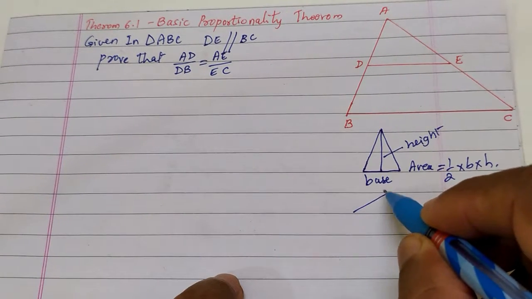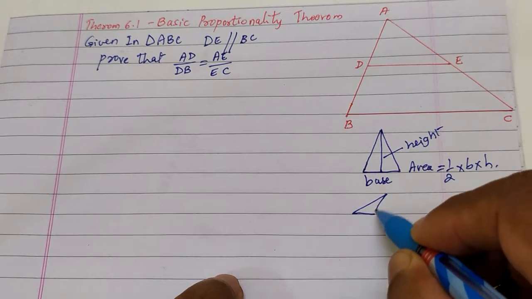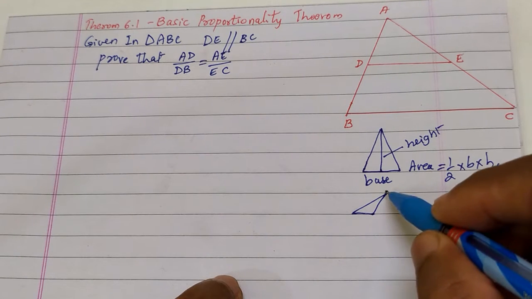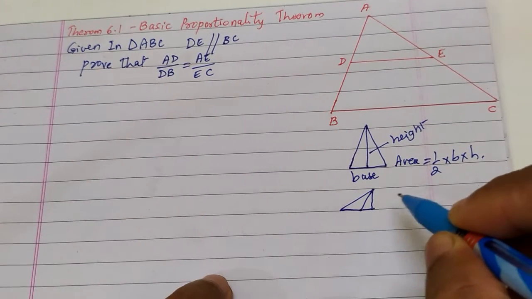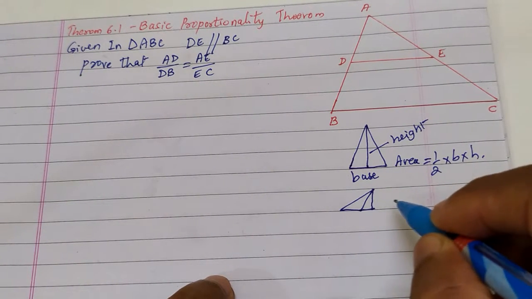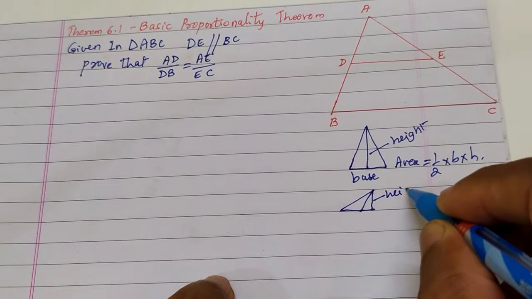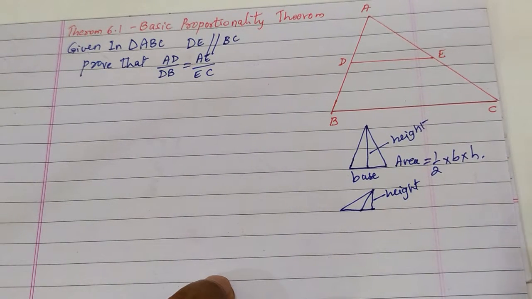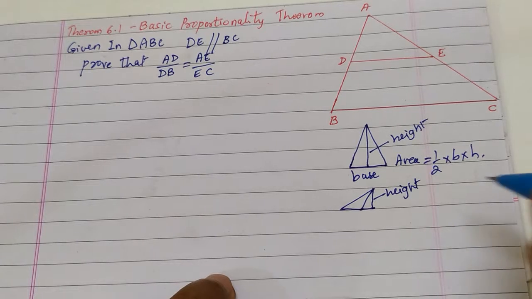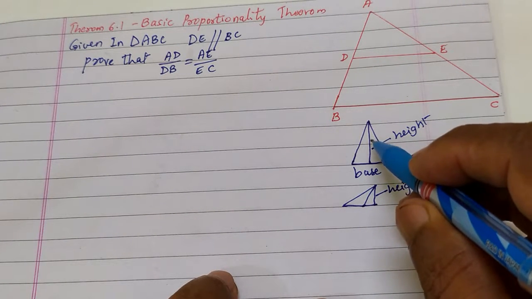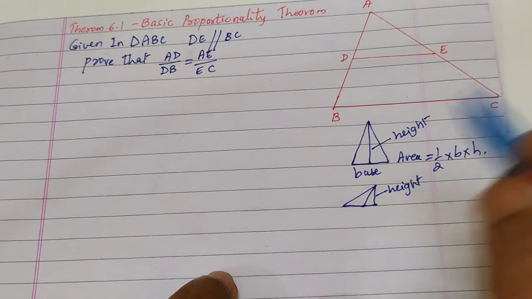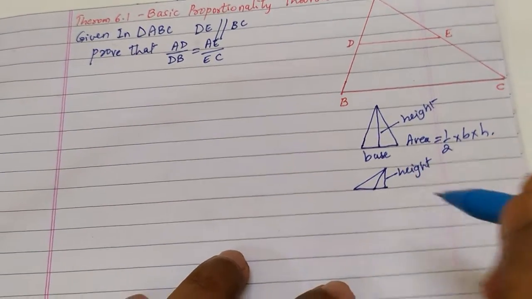When there is an obtuse angled triangle, the height or the altitude is normally outside the triangle. This is the height for an obtuse angled triangle. So this height is inside for some triangles, and outside for some others. We need to know this.